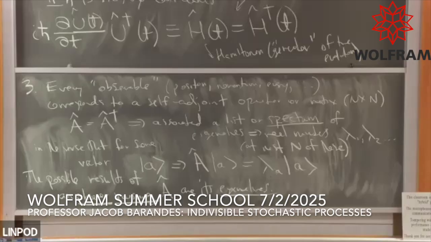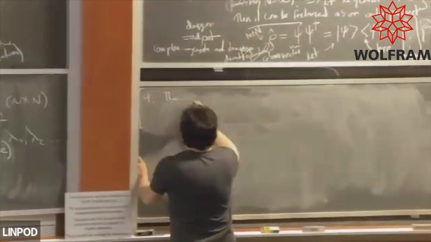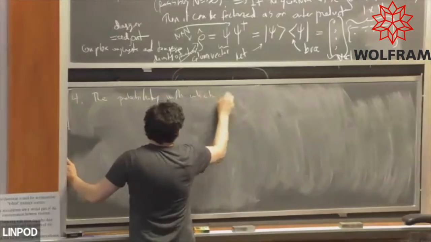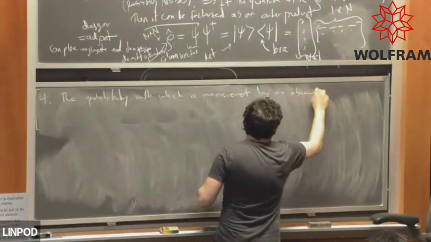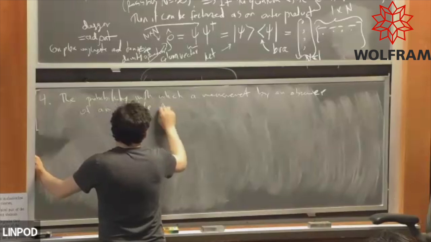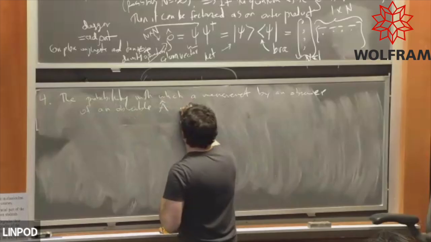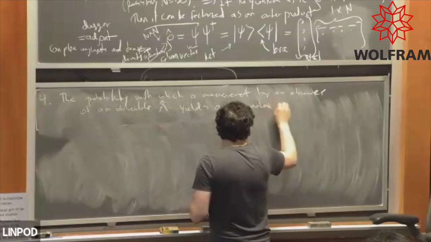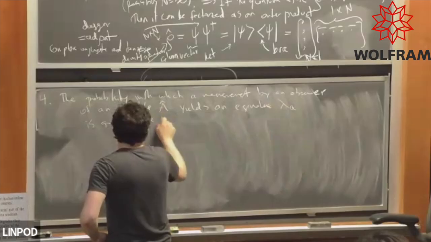Axiom 4 says the probability with which a measurement by an observer of an observable A yields an eigenvalue lambda A is given by the Born rule.